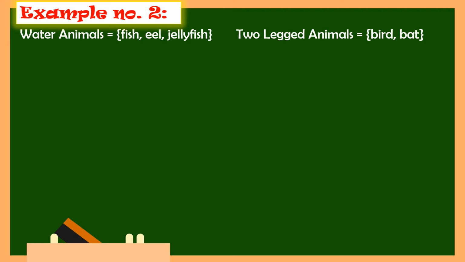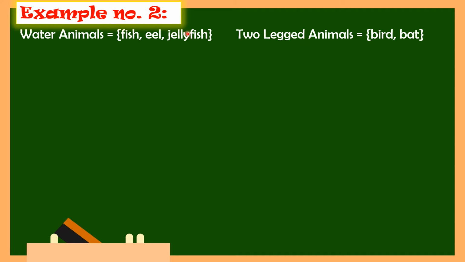So, let's have our example number 2. Let's also have another set of our favorite animals, which are water animals and two-legged animals. So, for water animals, we have fish, eel, and jellyfish. And for the two-legged animals, we have bird and cat.